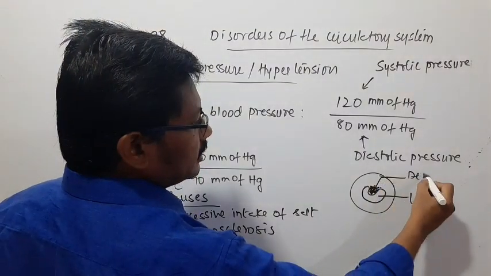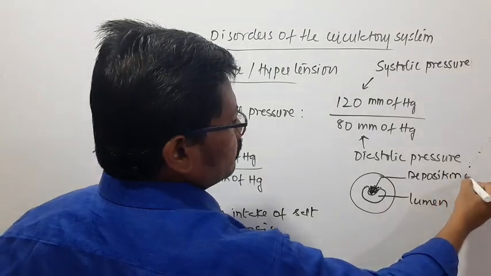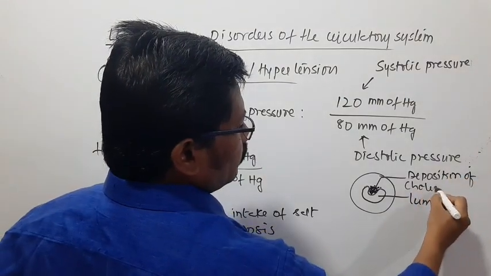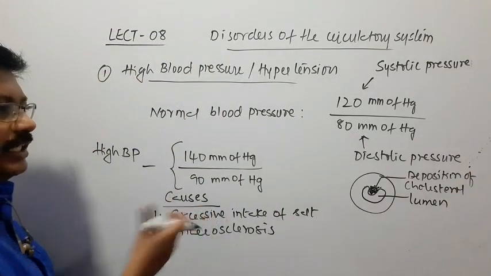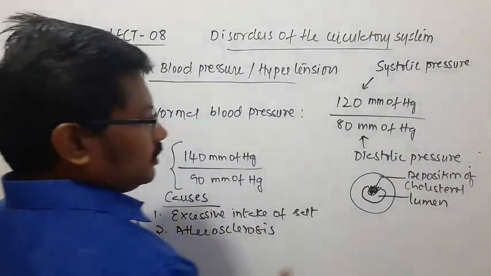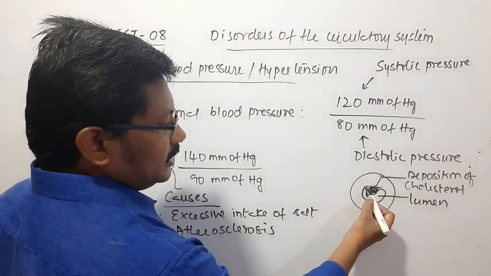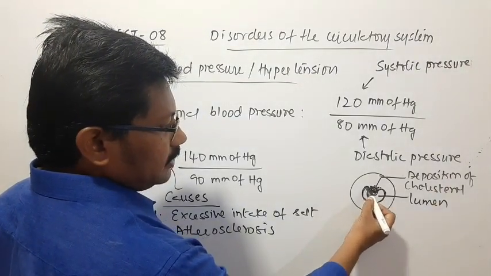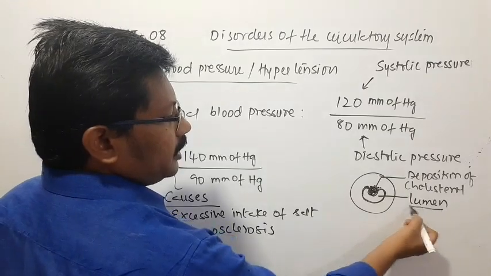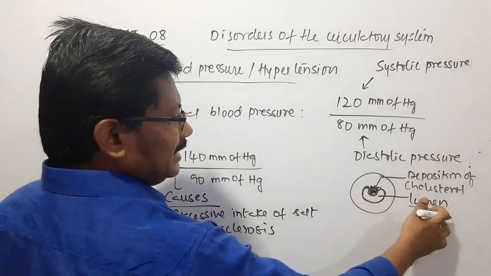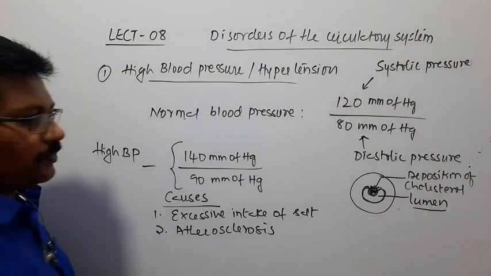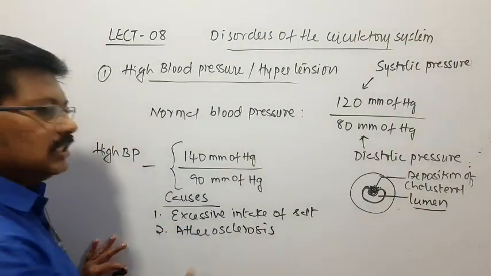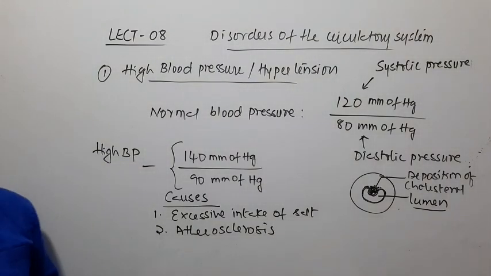We'll see this atherosclerosis again. As a result you can see the lumen decreased, and a decrease in the lumen results in increasing the pressure. So atherosclerosis is one cause for increasing blood pressure.